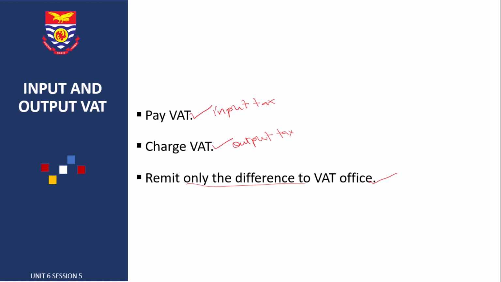Let us look at output tax. This is VAT a registered person charges his customers when he makes taxable supplies of goods and services at a rate specified by law. The rate was 12.5% plus the National Health Insurance Levy (NHIL) and the GETFund Levy (Ghana Education Trust Fund), which were 2.5% each.